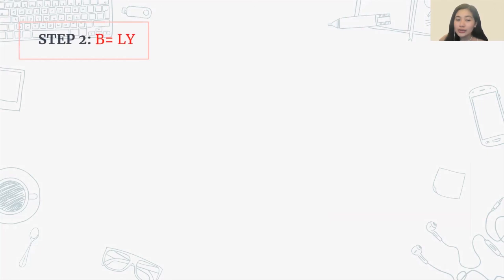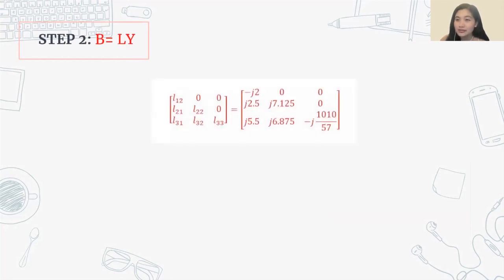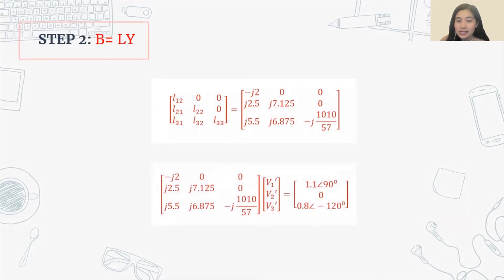Now, we are now down to our second step, which is B is equivalent to Ly. So meaning to say another conversion of matrix. So as you can see, we have to input the values nung ating lower matrix, lower triangular matrix. So everything nakuha nating L11, L21, L22, L31, L32, and L33, substitute lang natin yung lahat from the values na nakuha natin kanina. It will be equivalent to this matrix.